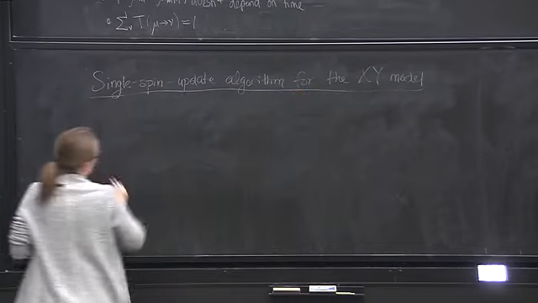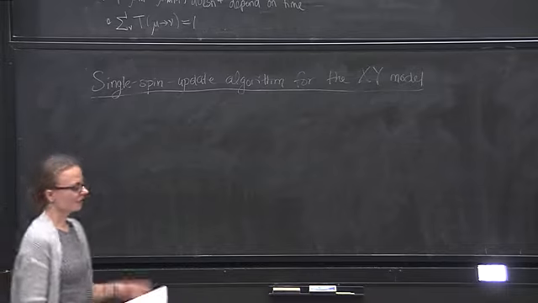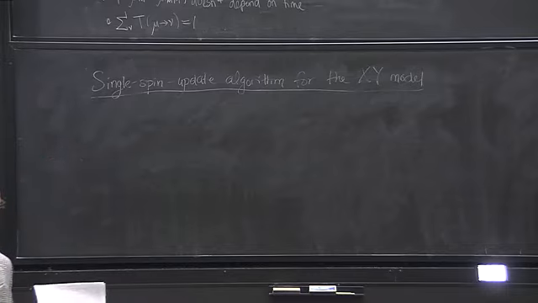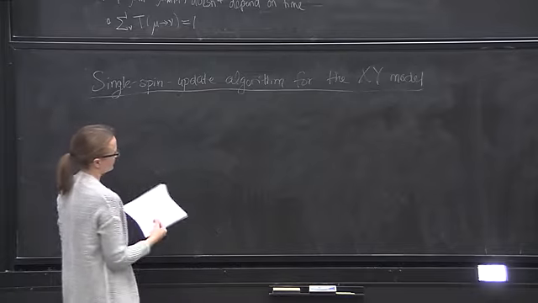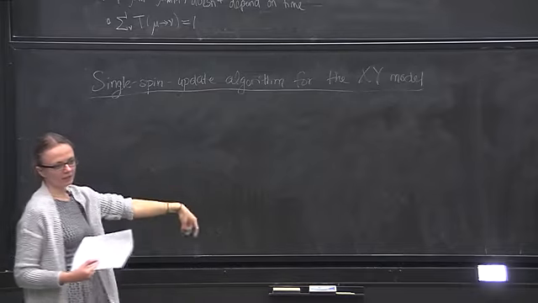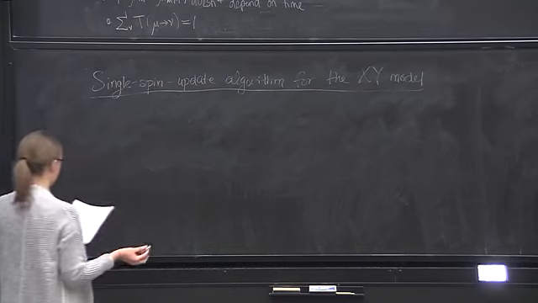So what we're going to do now is talk about the very simplest algorithm I could think of for proposing my Markov chain, which is just that if I'm in a given state, I can get my next state by just choosing one spin at random and rotating it in some random way.